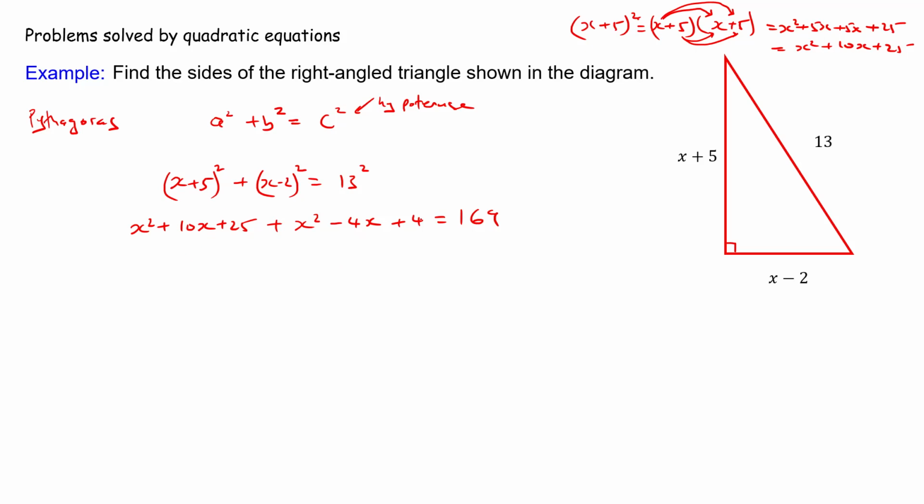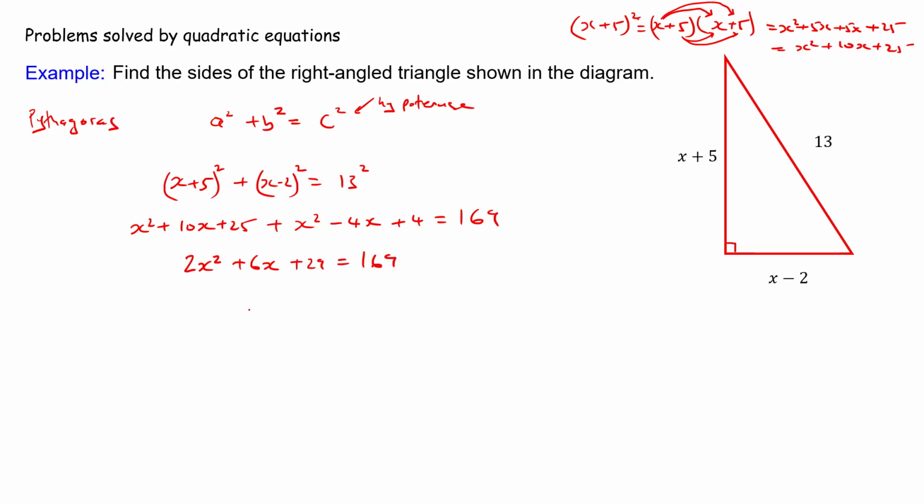Right, so we've expanded, now we simplify. X squared and another x squared, so that's 2x squared. I've got 10x, take away 4x, so that's going to give me plus 6x. I've got 25 plus 4, plus 29 equals 169.